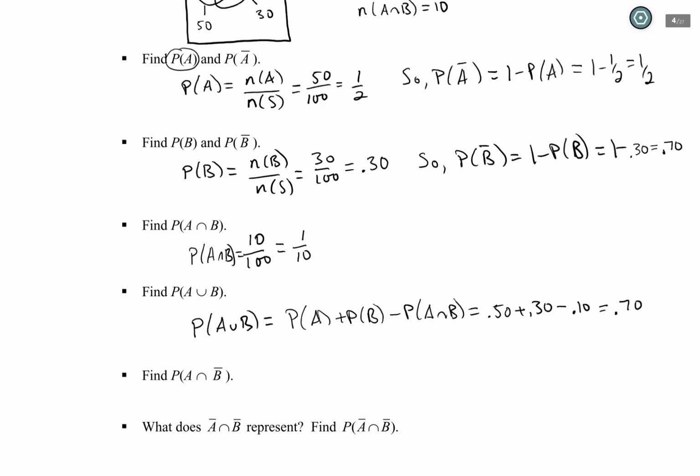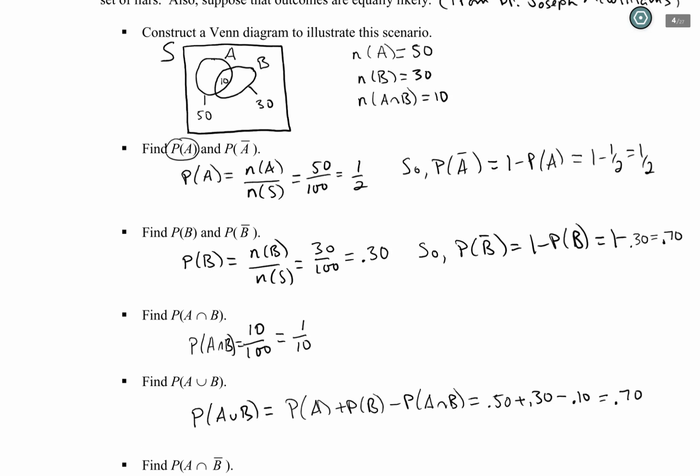Another way to do it is to look at A union B and partition it. What I mean by that is divide it up into these three pieces: the part of A that does not have B, the intersection, and the part of B that does not have A. Divide it up into those three pieces, add them up, and I should get 70.